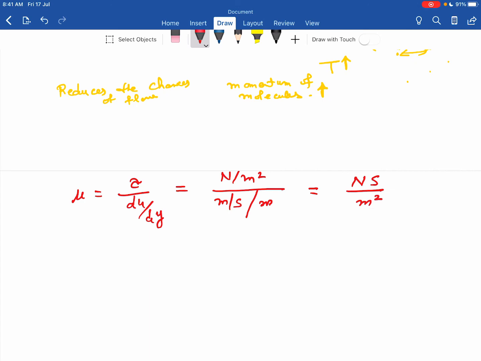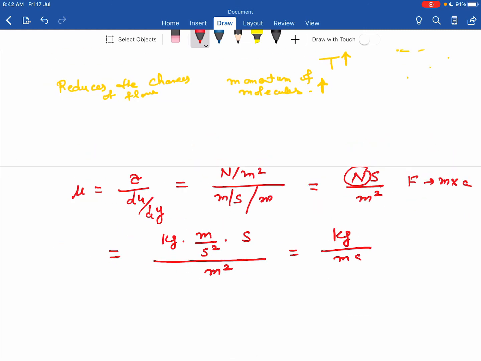Further, Newton is the force, mass into acceleration. So Newton is mass, with unit kg, times acceleration, meter upon second square, into second divided by meter square. So we can write it as kg upon meter second. Okay.